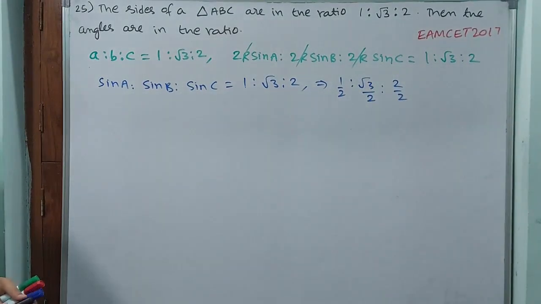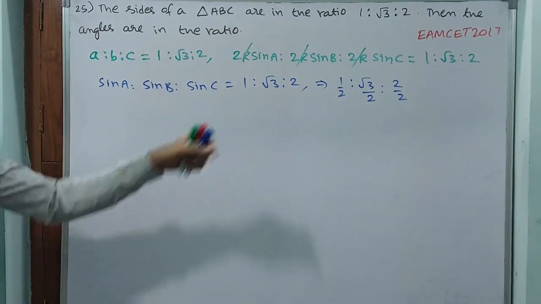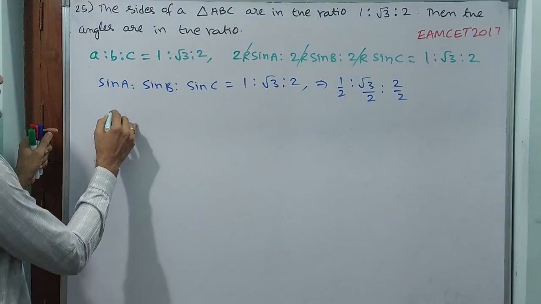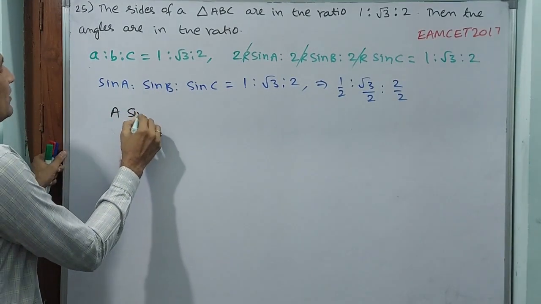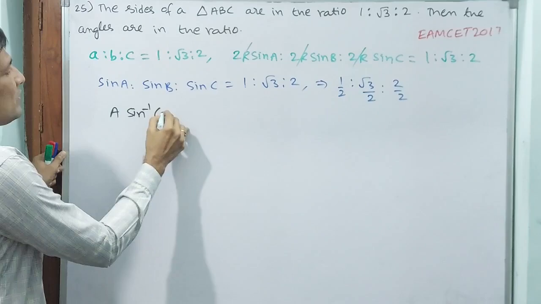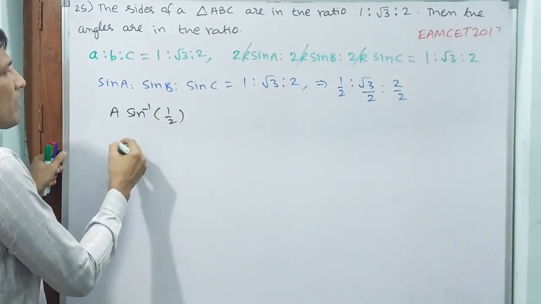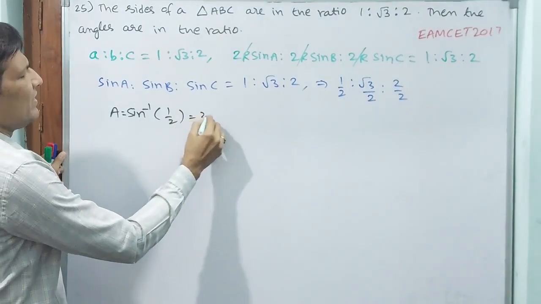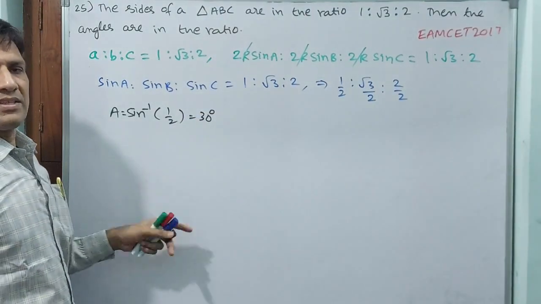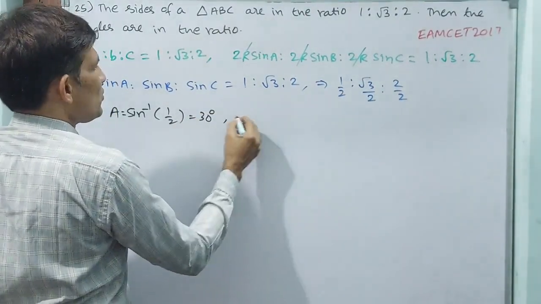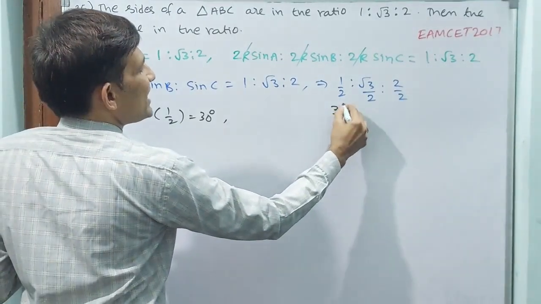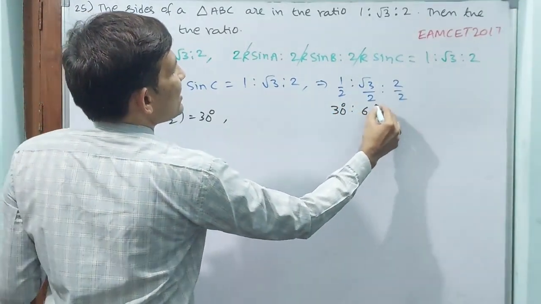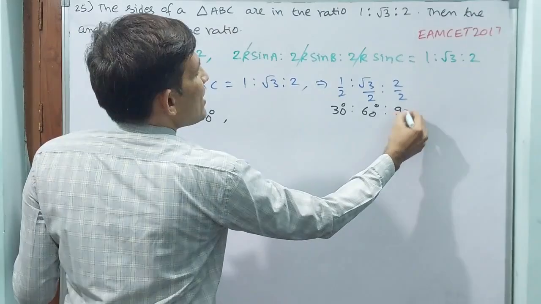Okay, 1 by 2 means what? A is sine inverse of 1 by 2, 30 degree. Sine 30 is 1 by 2. What about root 3 by 2? 60 degree. 30 degree is to 60 degree is to 2 by 2, 90 degree.